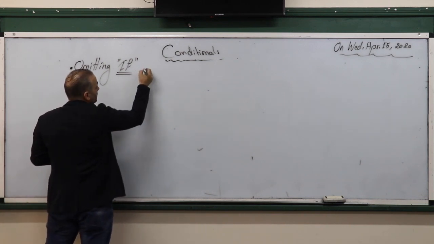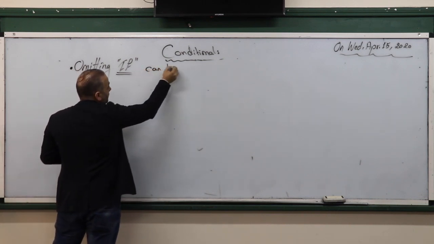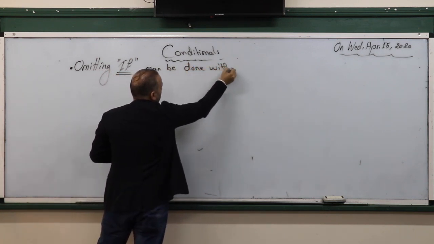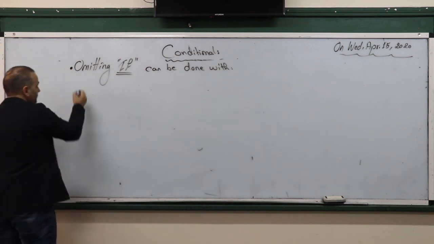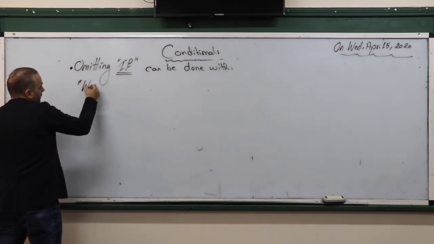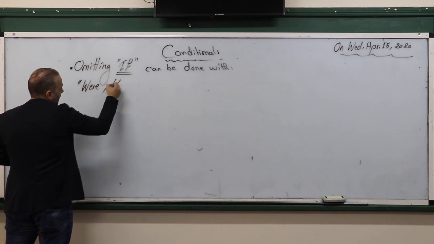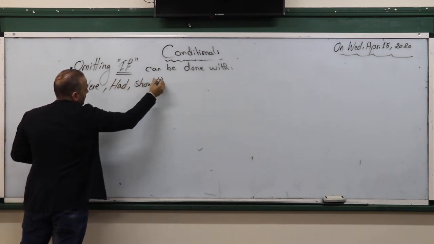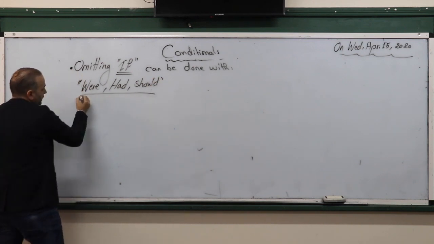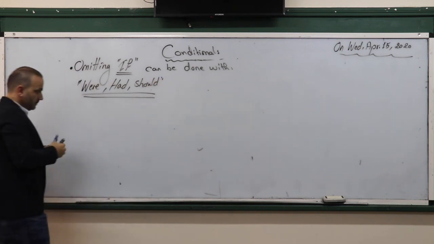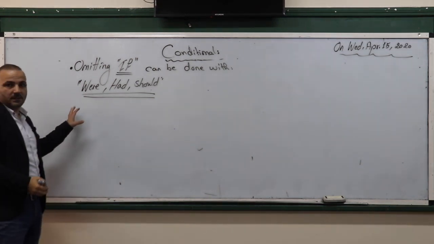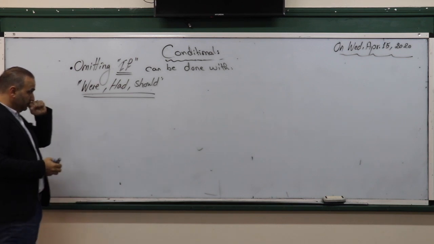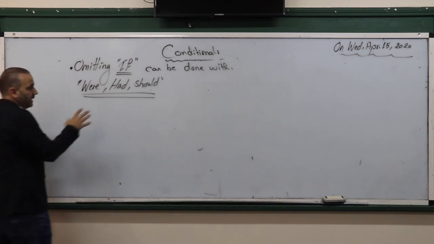Let's be specific: it can be done with were, had, and should. You can omit if when you see such words. When we see these words in the conditional sentence, we can omit if.